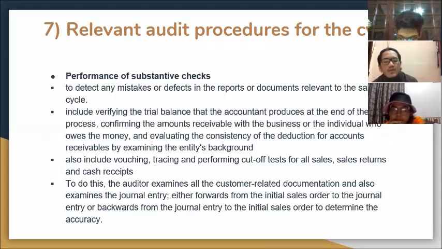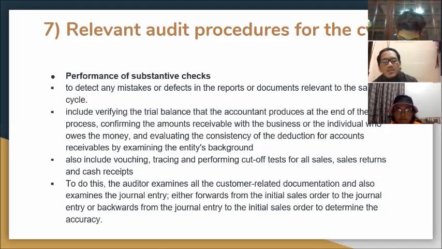It includes verifying the trial balance that the accountant produced at the end of the process, confirming the amounts receivable with the business or the individual who owes the money, and evaluating the adequacy of the allowance for accounts receivable by examining the entity's background. This also includes vouching, tracing, and performing cut-off tests for all sales, returns, and cash received.